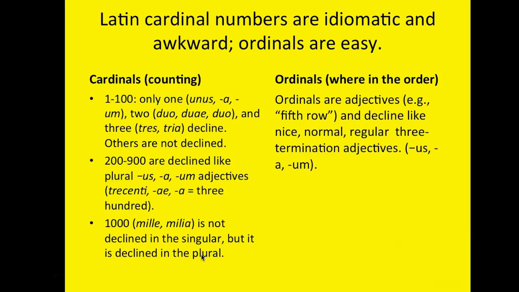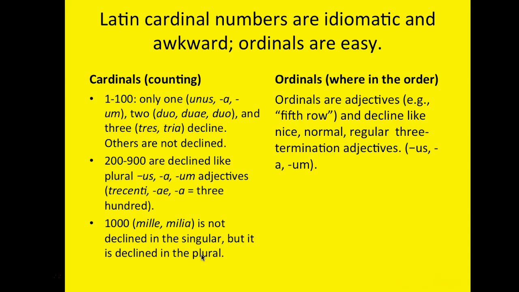And so this is strange enough in itself, but from 4 all the way to 999, all the rest of those numbers, none of them decline. So if quinque is 5, it is quinque in any case. Sex, 6, is sex in any case.